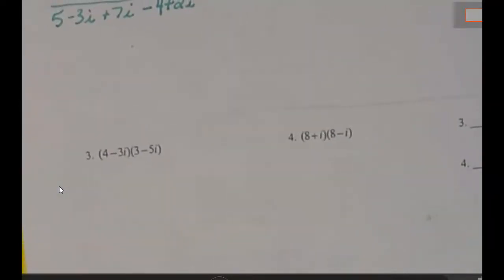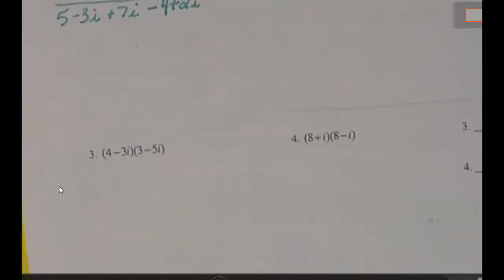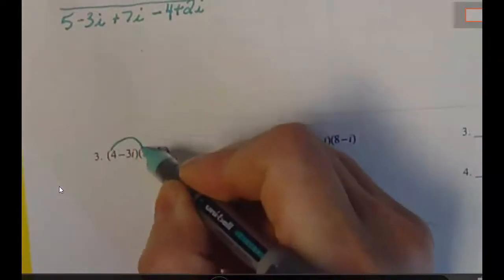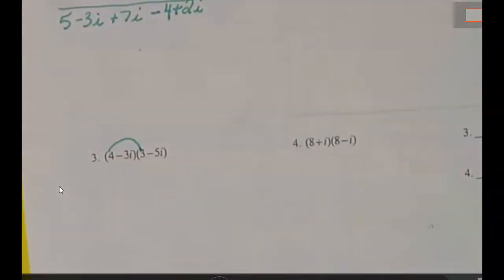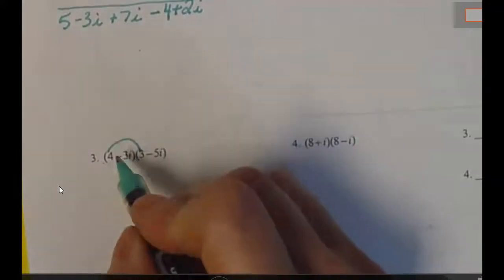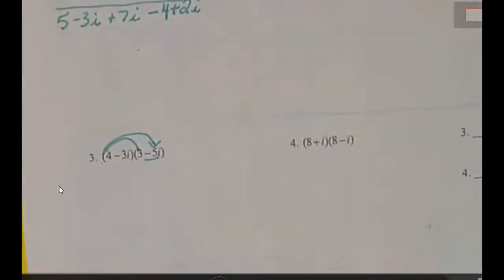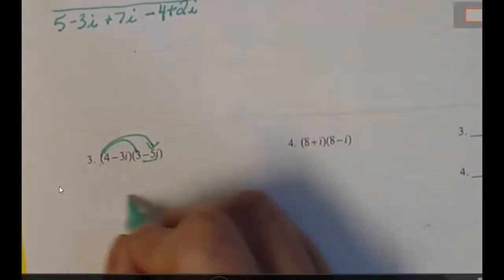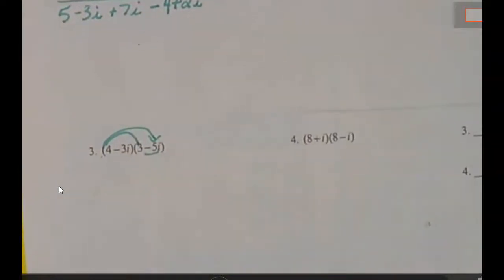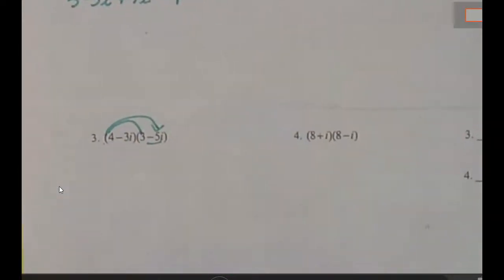All right, let's look at 3. So we get the double distribute here. So this is the multiplication. So 4 times 3, and then we have 4 times -5i. I'm going to have you do the rest on your own. I'm not going to write them out this time. I want to see what you can do.